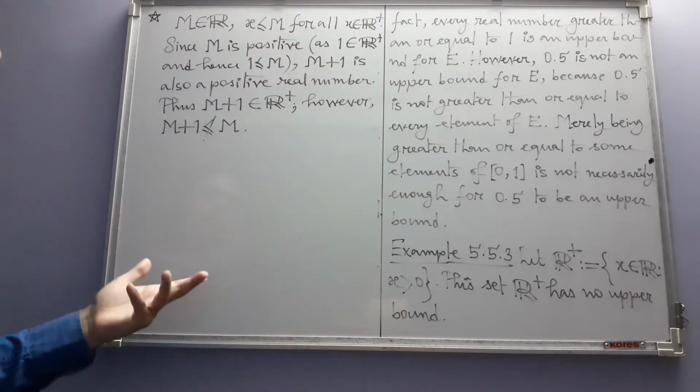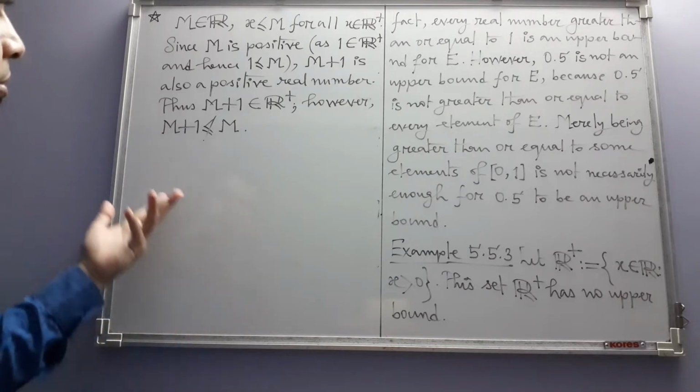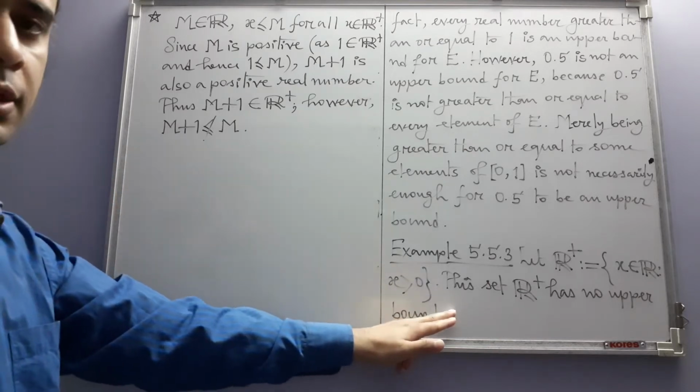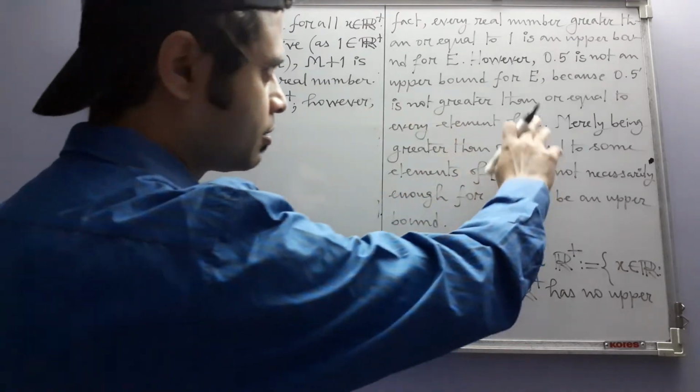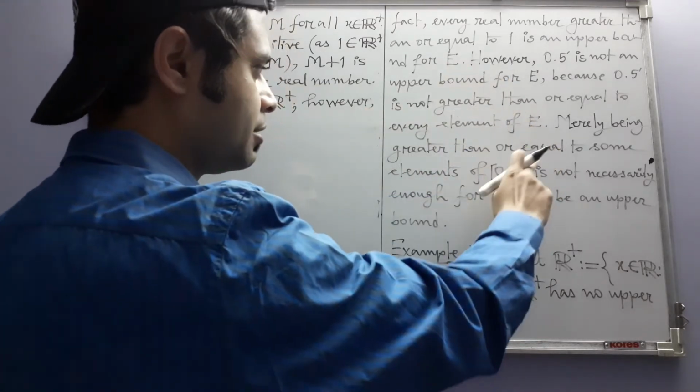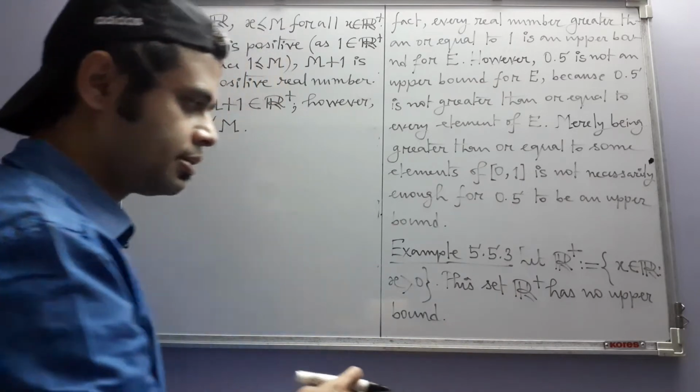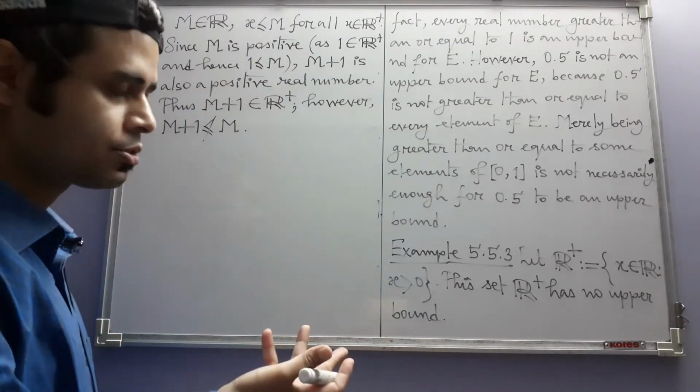So that means the supposition has to be wrong, and that is why this set has no upper bound. So unlike the closed interval [0, 1] that we have here, this is a subset of R that has no upper bound.